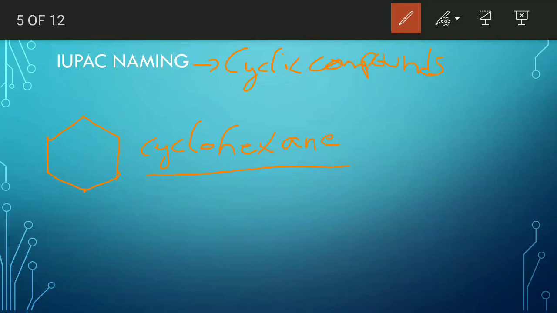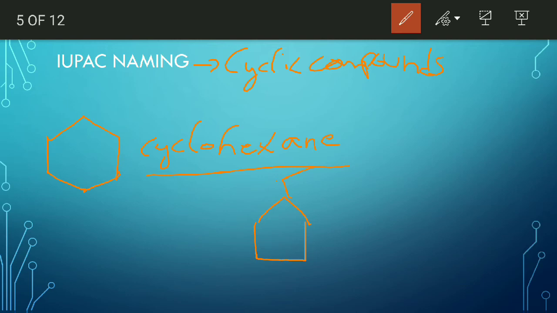Now let's see another example. Let's suppose we take this one. So in cyclic compounds you can start numbering from any side, but you should ensure that the locant receives the lowest number.